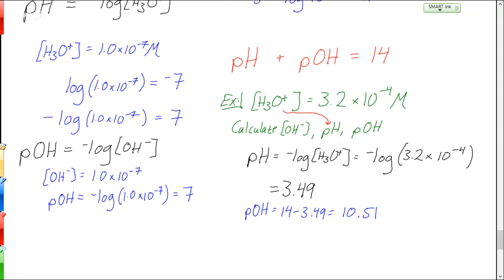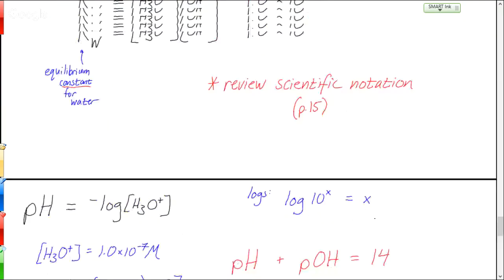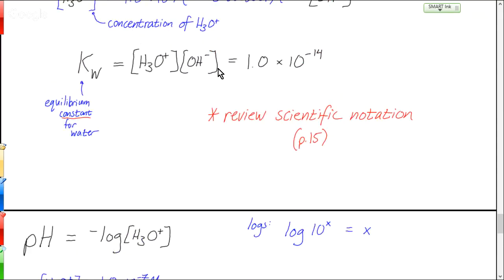Not too bad. So then our final step is to get the hydroxide ion concentration. There's a couple ways to do this. You can get it from the pOH, kind of doing the backwards calculation of the negative log calculation. Or you can go back up and get it from solving this for the OH concentration.